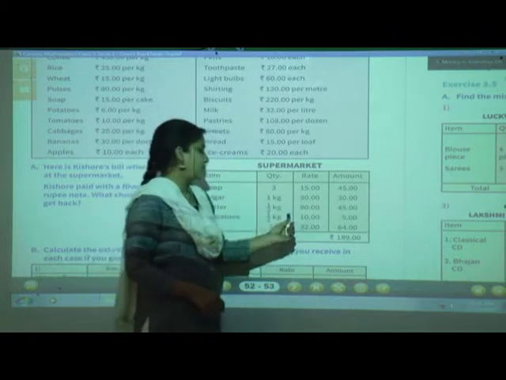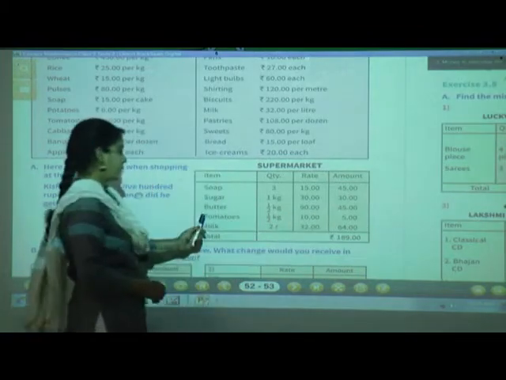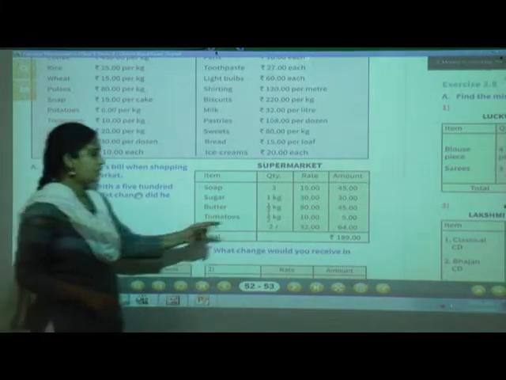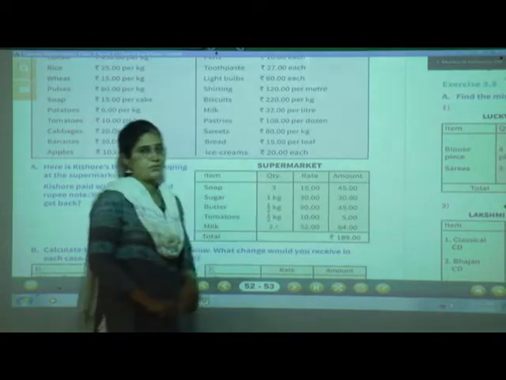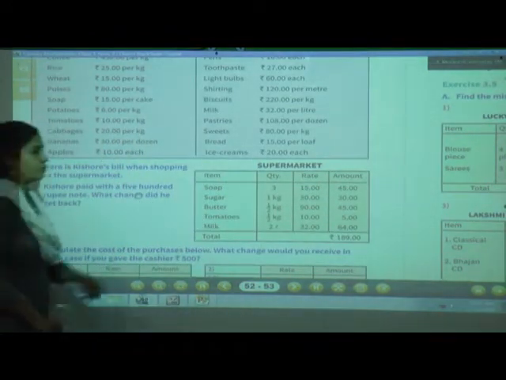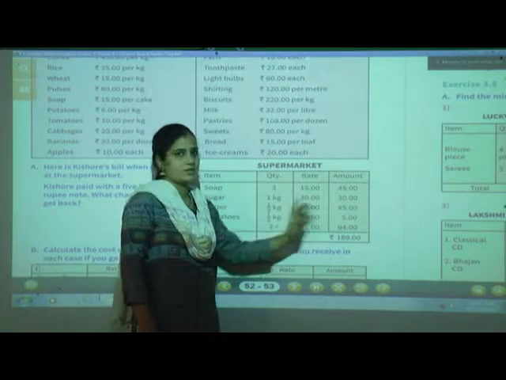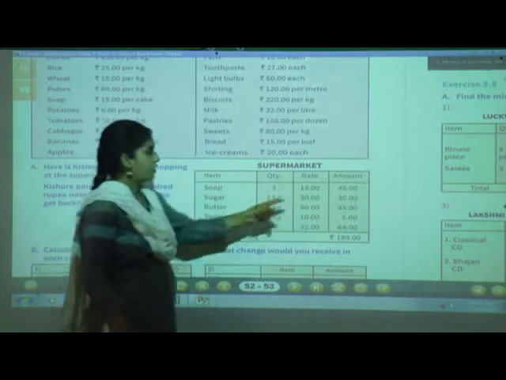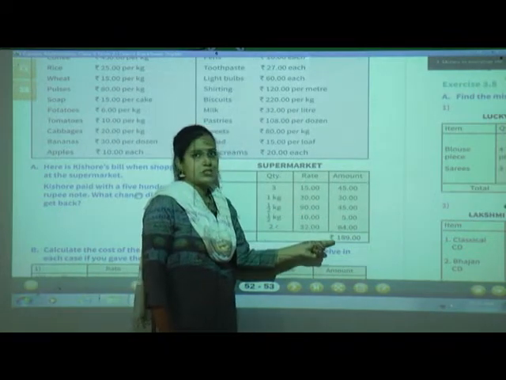So that's why the half kg tomatoes are 5 rupees. Now milk, 2 liter milk, rate 32 and amount 64. Why 64? When you multiply 2 and 32, the amount will be 64. So total, just add this. The total is rupees 189.